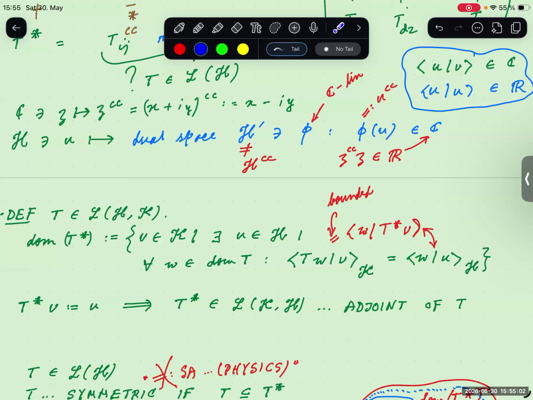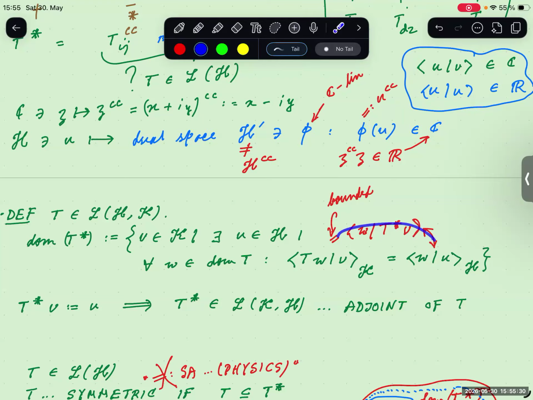Now we can say, okay, T star V is U. Why not the other way around? Because we could do that for a bounded operator. This route is okay for a bounded operator because we know that TW is in the whole Hilbert space. We also know that this is in the whole Hilbert space. We know what the range is.